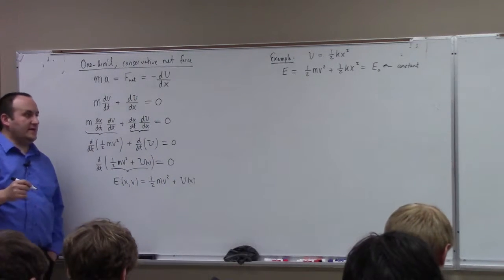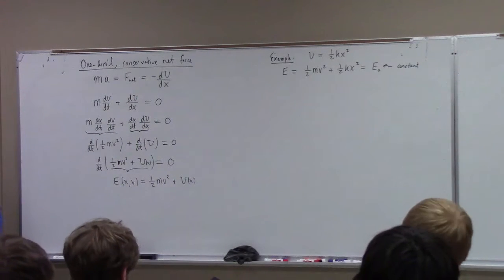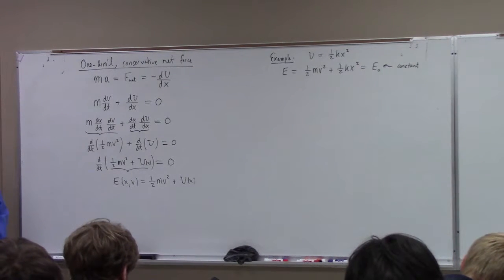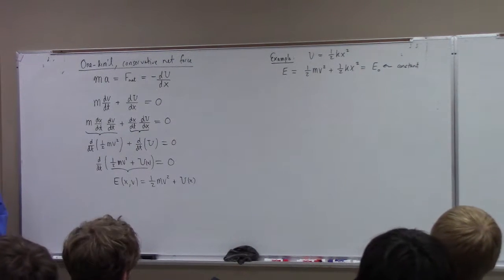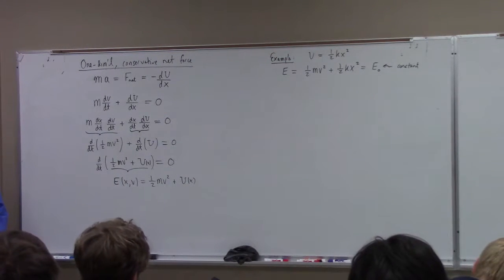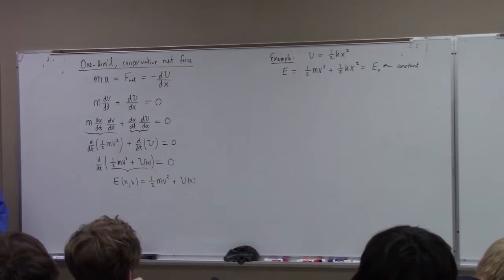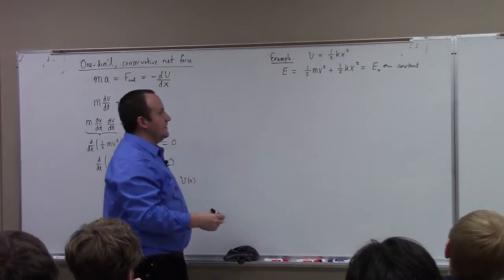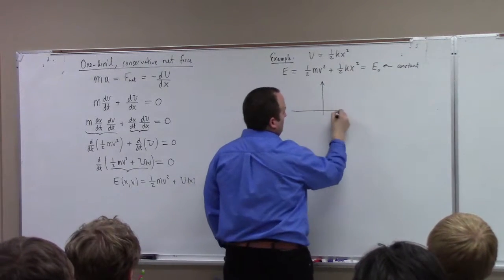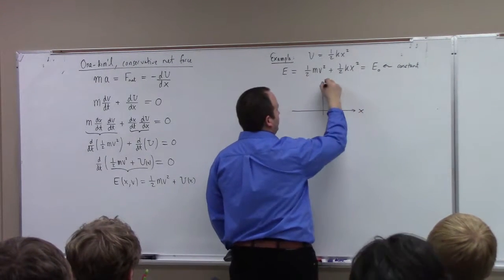Now if I graph such a thing in the plane where the coordinates are position and velocity, what do I get? Let's build up to that. Instead, let's look at a graph of the position versus the potential energy.